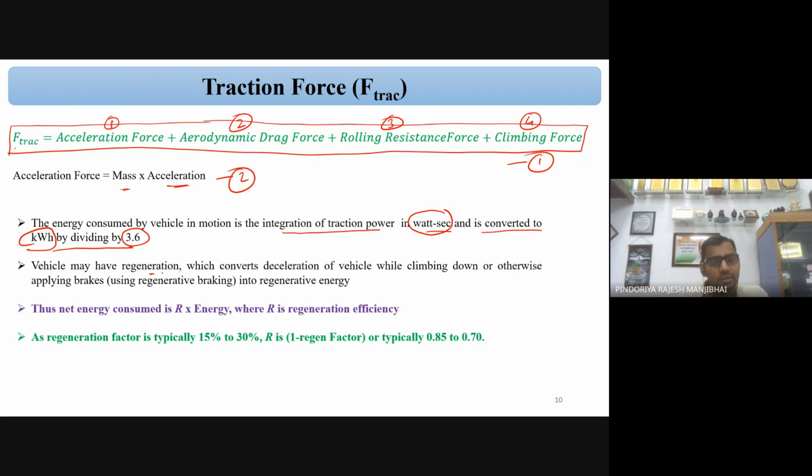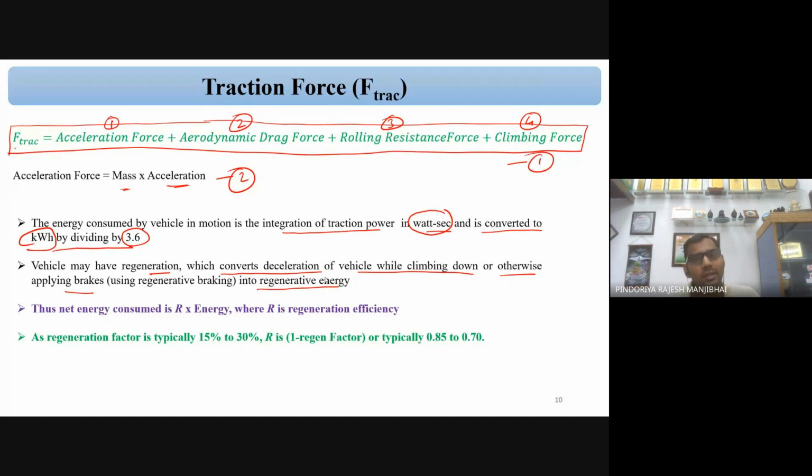A vehicle may have regeneration. In the last class we discussed the regeneration concept. Regeneration converts the deceleration of the vehicle, by climbing down or applying the brake, into regenerative energy.